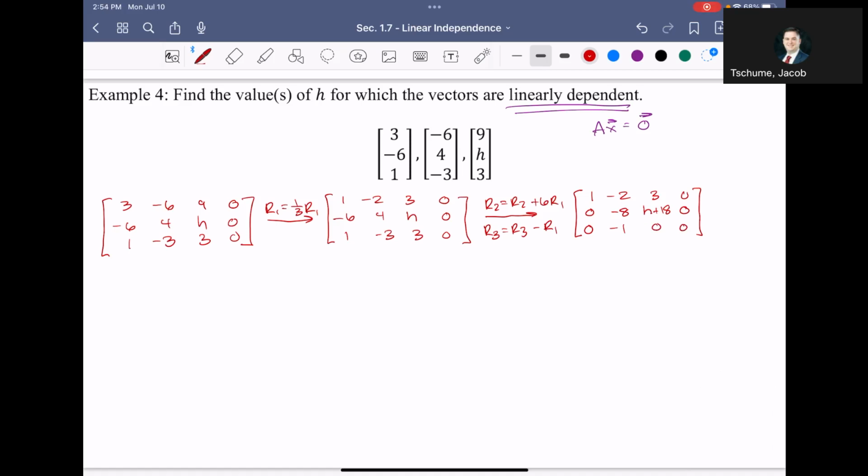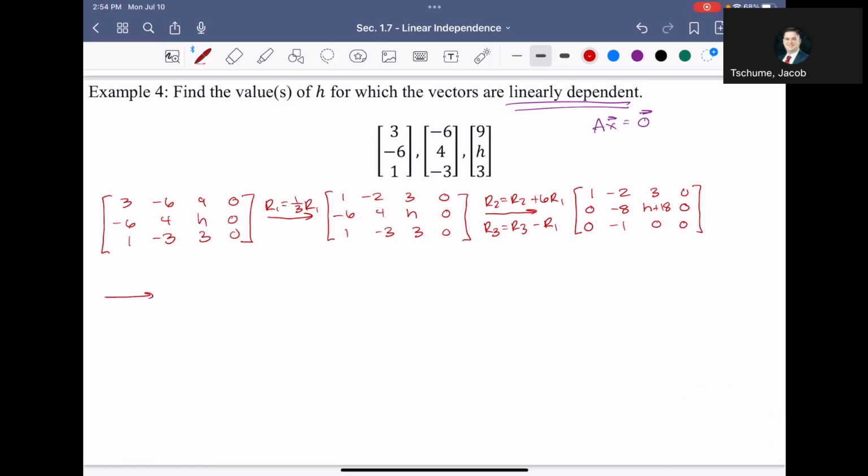All right. So keep going. At this point, I tried to avoid it, but I'm going to have to do it anyways. We need to interchange row 2 and row 3. And also while I'm doing that, since the negative 1 is the only thing in that row that's going to be there, I really want to make it a positive 1. So I'm going to take the new row 2 and apply the negative of it.